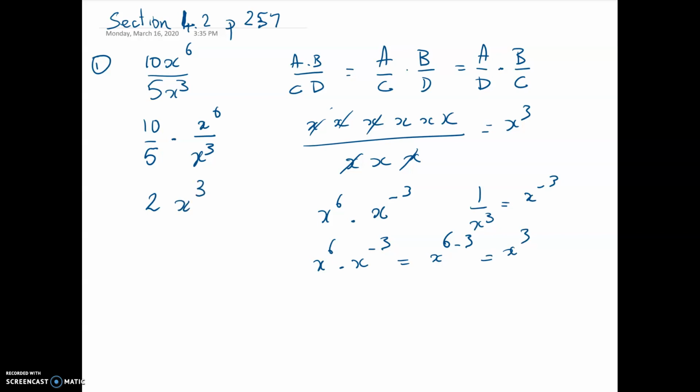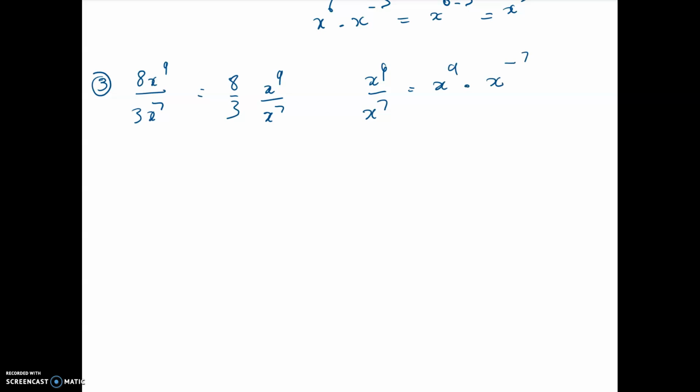I could do exactly the same thing for problem number 3. In this problem number 3, what do we have? We have 8x to the 9 over 3x to the 7. So we have 8 divided by 3, nothing that I can do about this one, and x to the 9 over x to the 7. X to the 9 over x to the 7 is equal to x to the 9 multiplied by x to the negative 7.